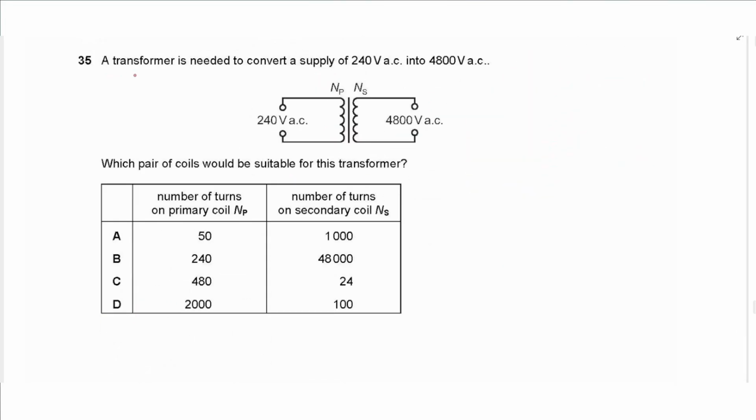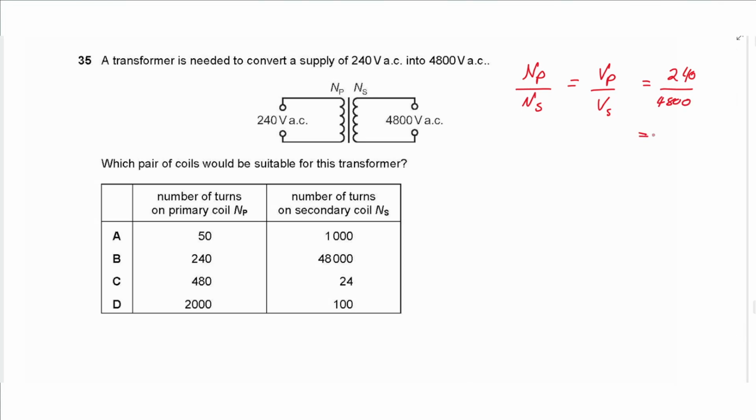Question 35 says a transformer is needed to convert the supply of 240 volts AC, that's primary, into 4800 volts AC, that's secondary. Which pair of coils would be suitable for this transformer? So the rule is NP over NS is equal to VP over VS, which is equal to 240 over 4800.